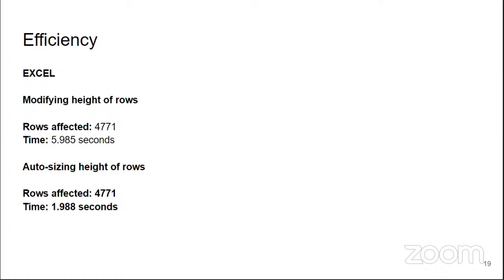It was randomly changing the heights for rows, and as you can see, it takes about 6 seconds on my laptop. And for the same rows after resizing heights, it takes less time, about 2 seconds.